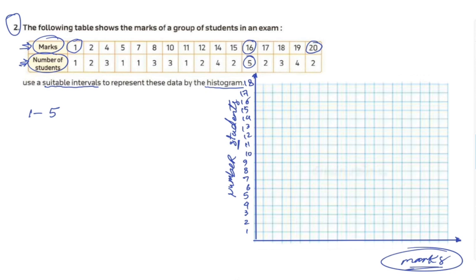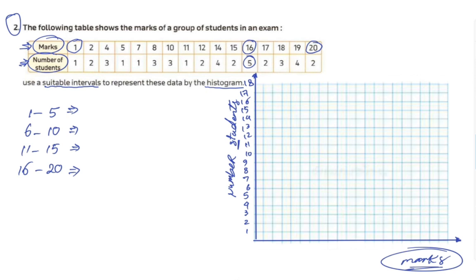It's okay, maybe. I have here this interval: 1, 2, 3, 4, 5. It's 5 numbers. So the next one will be from 6 to 10. Next one from 11 to 15, and the last one from 16 to 20. Now I have these 4 intervals.